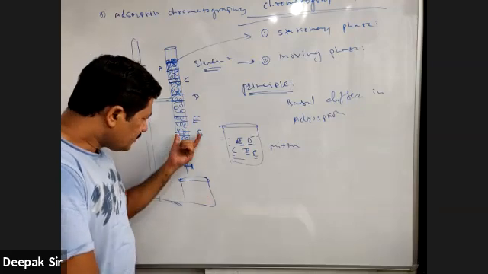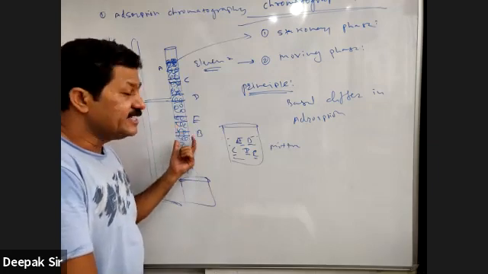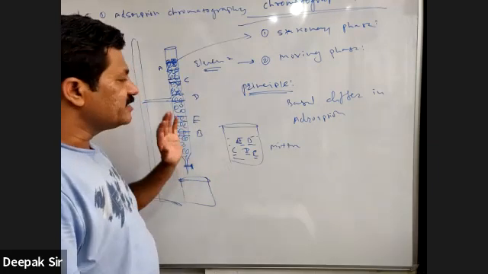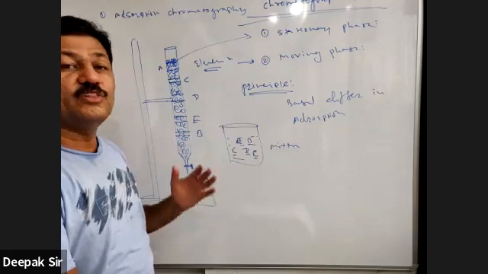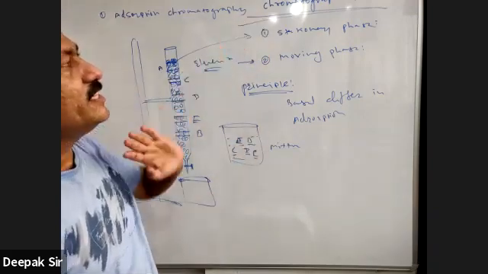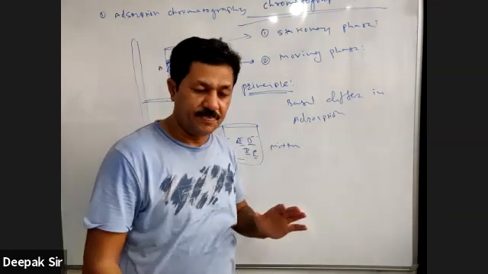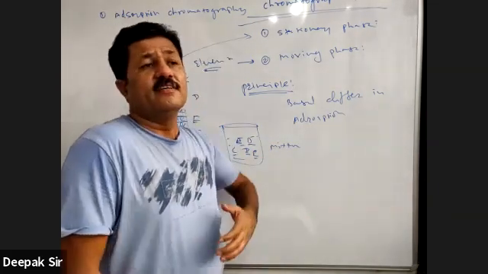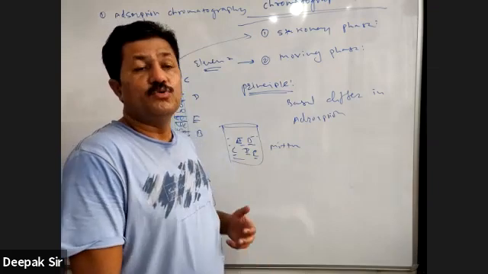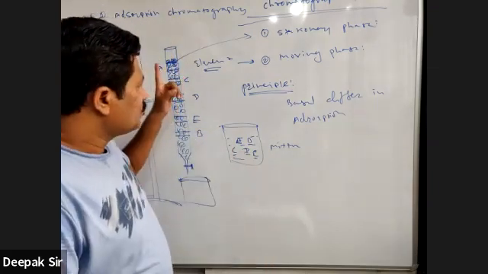So B is collected in one container, E is collected in another container, and so on, by which we can separate out all the substances, all the mixture. This is called, you can say, chromatographic technique, and this is nothing but adsorption chromatography. As I stated, there are many types of chromatography. So number one chromatography is nothing but adsorption chromatography.